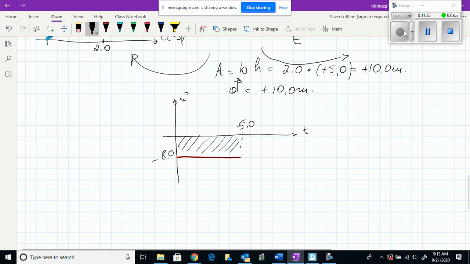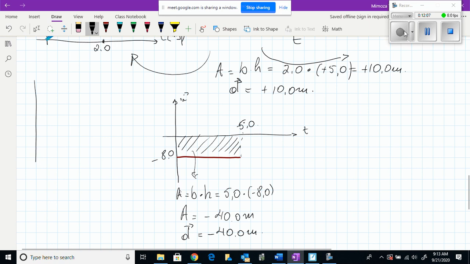So this is the area that we are talking about. Since it is a rectangle, the area is base times height, and this will be 5.0 times negative 8. So the area will be negative 40 meters. That means that the displacement is negative 40 meters, whatever the negative means for that particular situation.